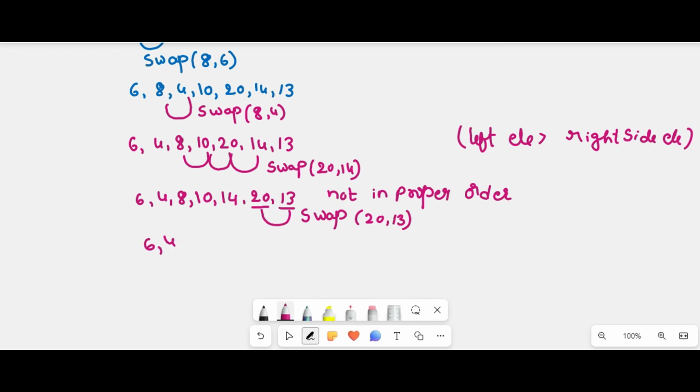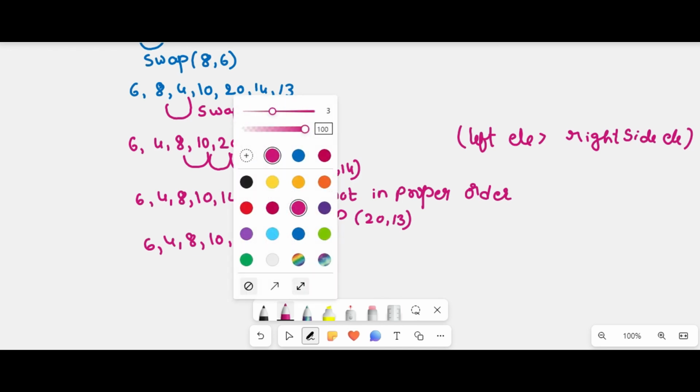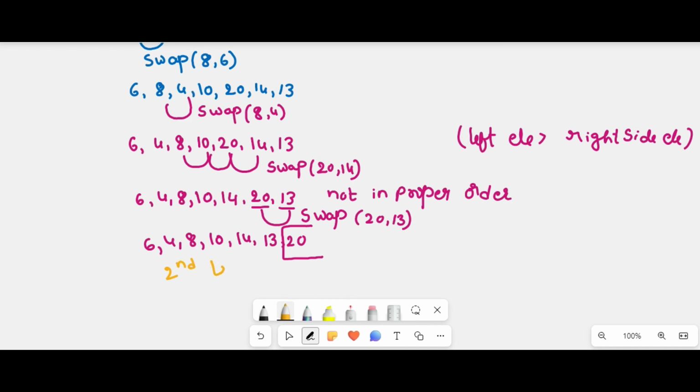So 6, 4, 8, 10, 14, 13, 20. If you observe, in the second pass, the second largest element is placed in the correct position.